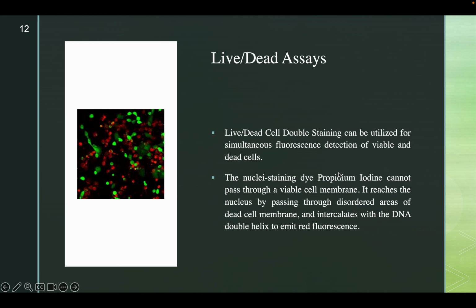This chemical will pass through the cell membrane if the cell is dead, and it couldn't pass through the cell membrane if the cell is alive. If it can pass through the membrane, it binds to the DNA, and it will make the cell red, and it means cell death.